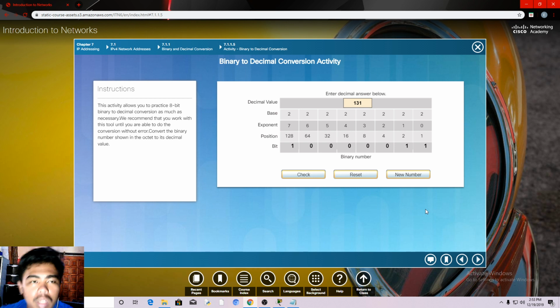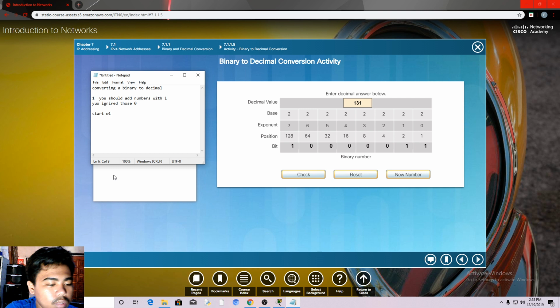Its binary form always starts with 1, followed by 2, then 4, then 8, then 16, then 32, 64, 128, and so on.